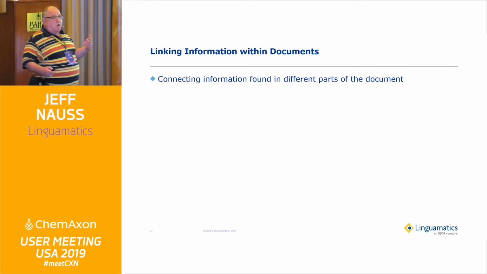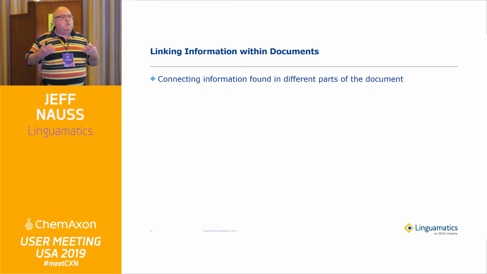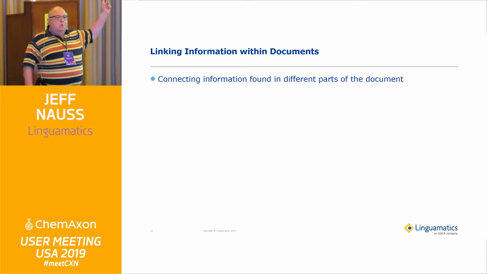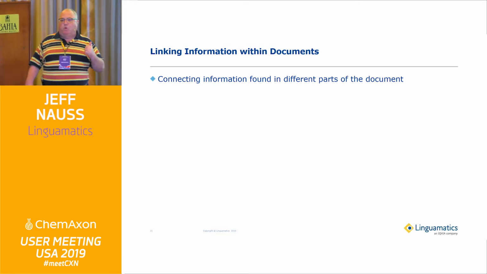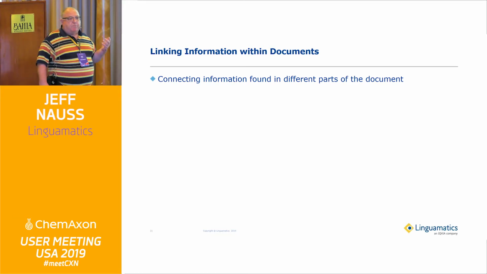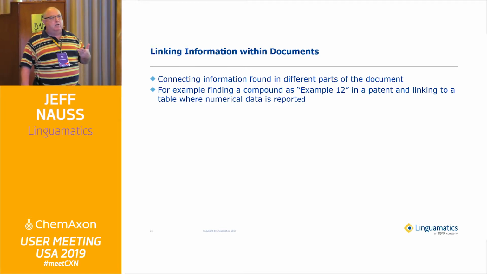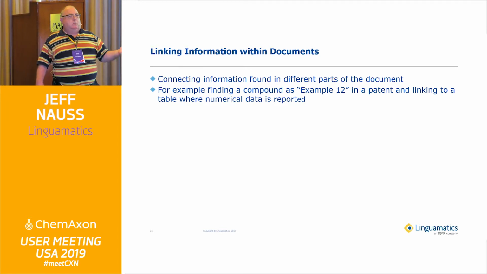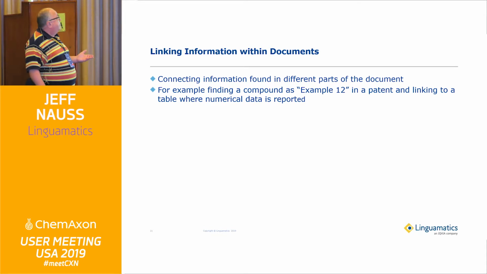So now we can talk about getting these different facts and relationships and joining them together in different ways. One way is going through the same document, patents. All right, we just saw the talk on patents. This is another example where we're looking for exemplified compounds, and we might want to see where in that document is there some hard data about the compound, some SAR data, some inhibitory data, what have you.